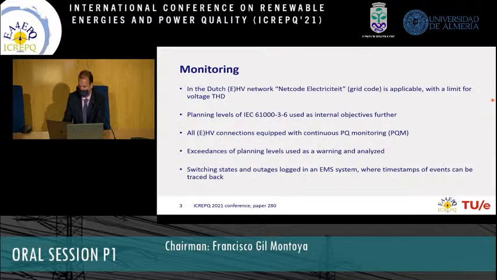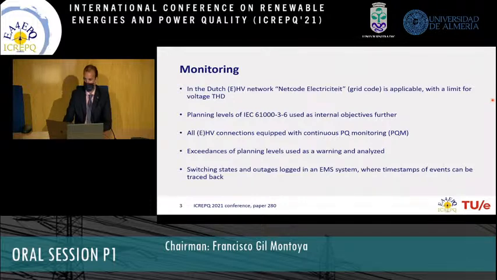But further than only the THD limit, which is the normative one, the TSO also uses IEC 61000-3-6 with its planning levels as an internal objective. And that is used then to control the harmonic levels also on the THD level, looking into planning levels.